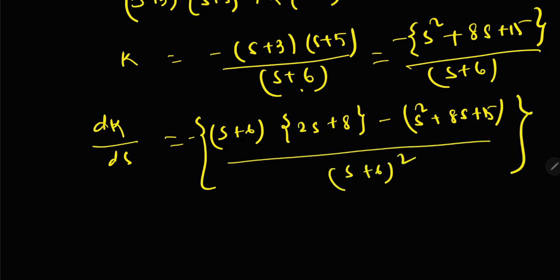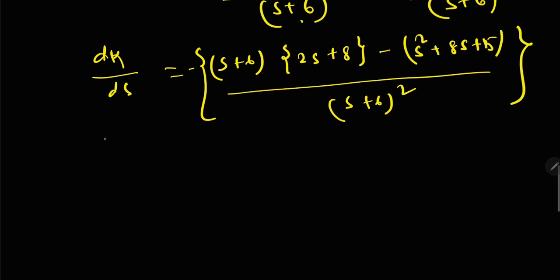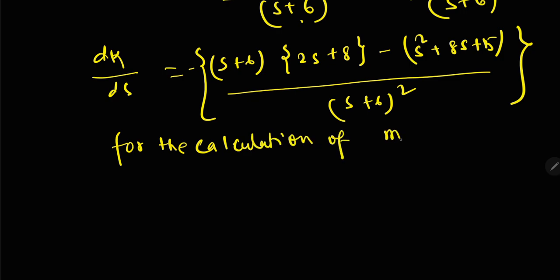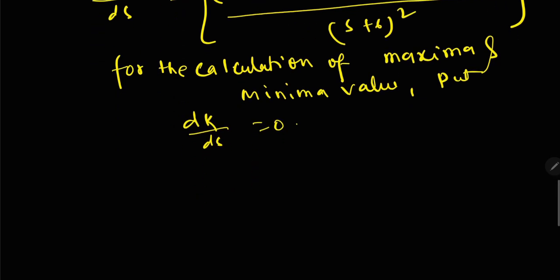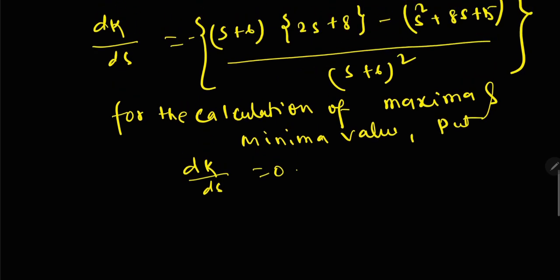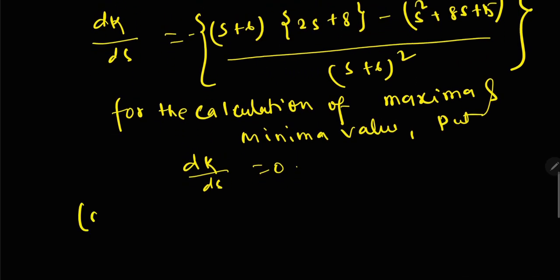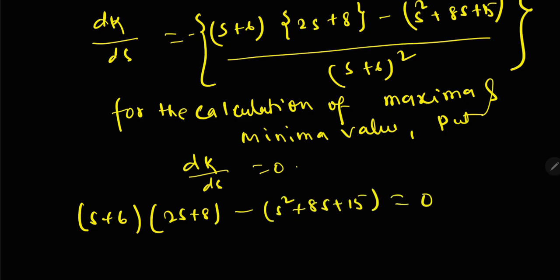So here, for the calculation of maxima and minima value, put dK upon ds is equal to 0. Now if dK upon ds is equal to 0, then the expression will be (s + 6)(2s + 8) minus (s square plus 8s plus 15) is equal to 0.